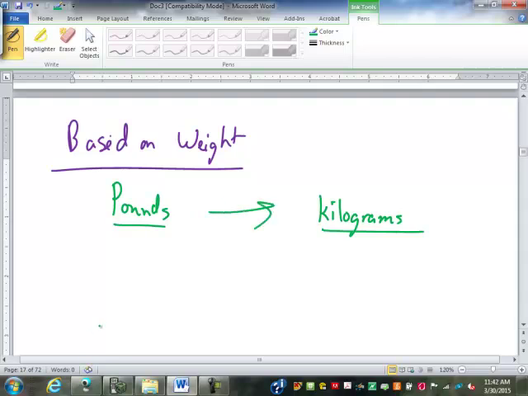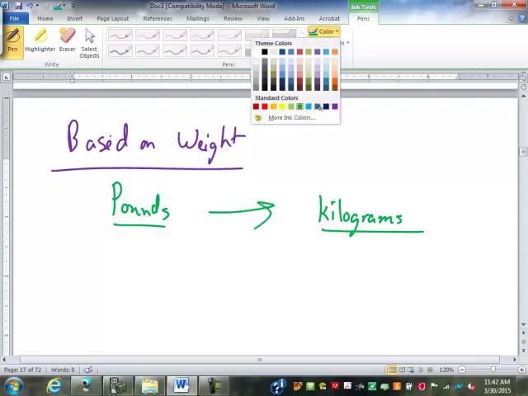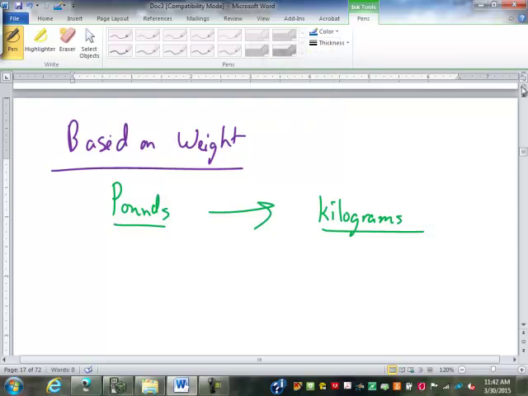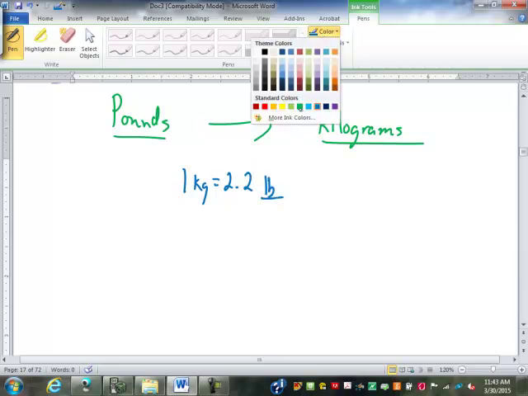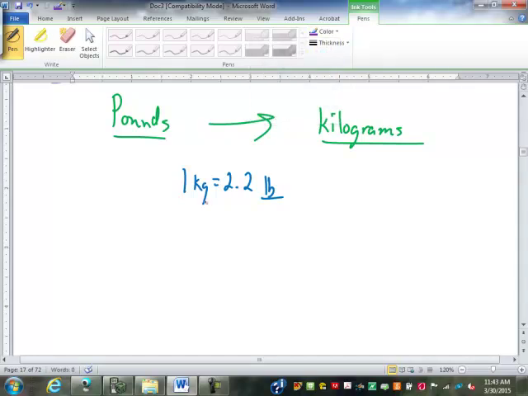And we're going to convert between the two of them. The big thing to remember here: 1 kilogram equals, technically, 2.208 or something like that, but we're just going to use 2.2 pounds.